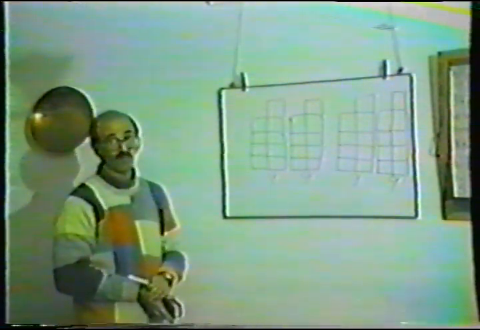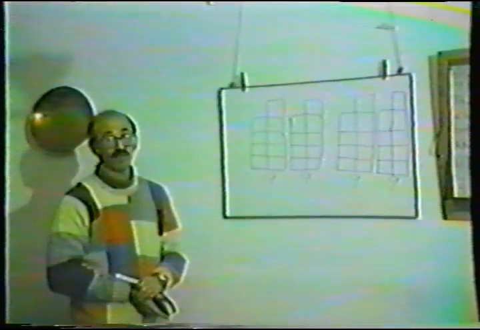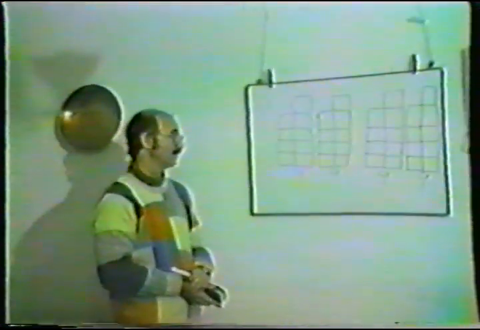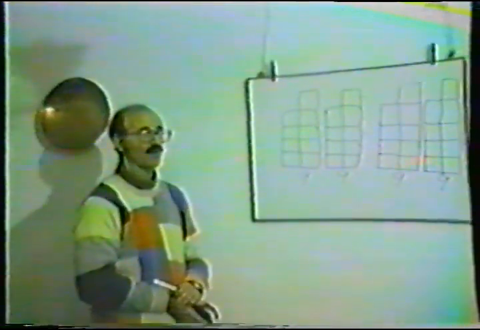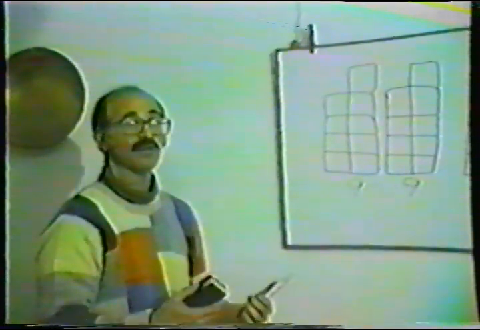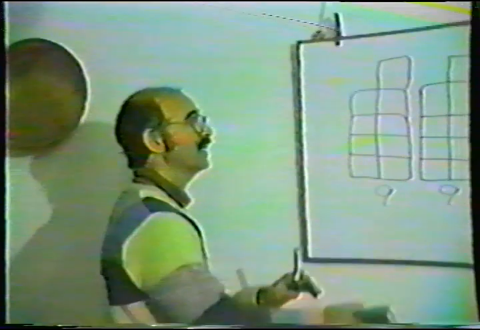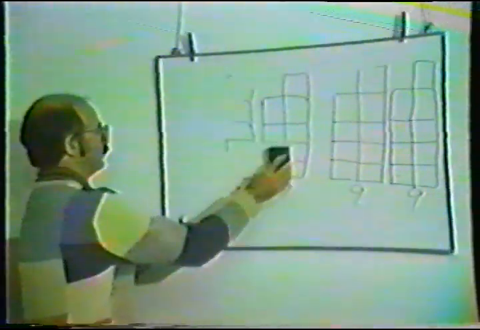Now we have another way to do this problem without having to draw a picture. We just have to know the total number of loaves of bread that he bought and then just divide it by the number of days, and you'll see we get the same answer.